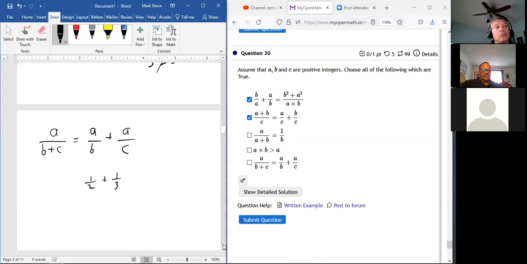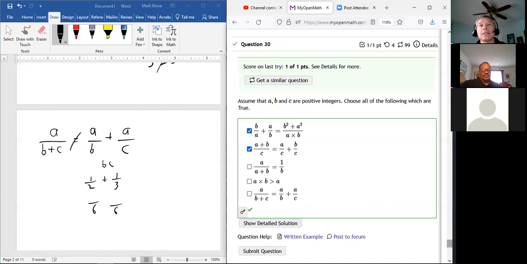It's not 2 plus 3. Your common denominator is 2 times 3. Your common denominator is 6. And the same way here, your common denominator between B and C would be B times C, not B plus C. So this is not true either. So it looks like the only ones that are true are the first two.